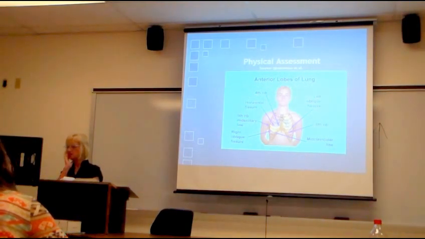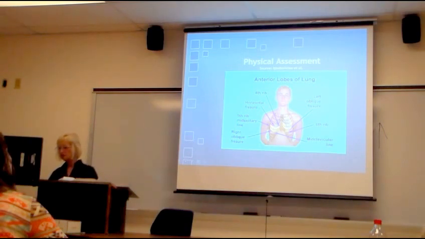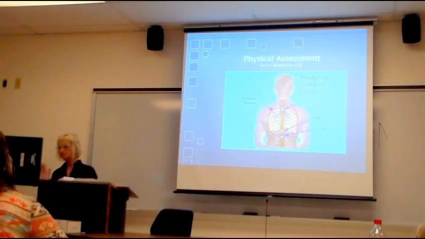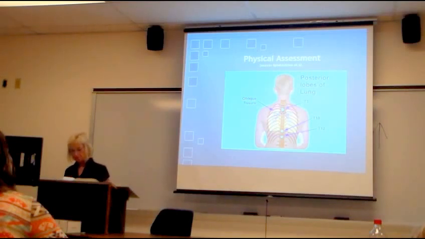This is the anterior view of the lobes of the lung, which shows different landmarks where you can find the different lobes on the right and left lung. Remember, there's 3 lobes on the right and 2 on the left. Here's a posterior view. When you look at the lungs, you want to assess the front and back of the thorax.